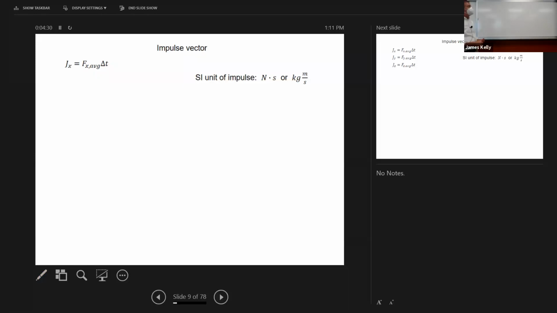I don't know why that's given the symbol J, but impulse is probably not I because I was already taken by something else in physics, so J was a more or less open symbol. So Jx is going to be the x component of the impulse vector. We could plot the x component of the force on an object as a function of time. Maybe there's a y component of the force on it as a function of time, and a z component.